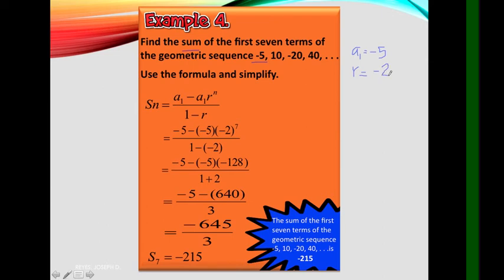And then, the letter n is, sabi, the first 7 terms. So we have 7 as our value for n. Substitute the given. So we have negative 5 minus quantity negative 5 for the a1, negative 2 for the r raised to 7 over 1 minus negative 2.